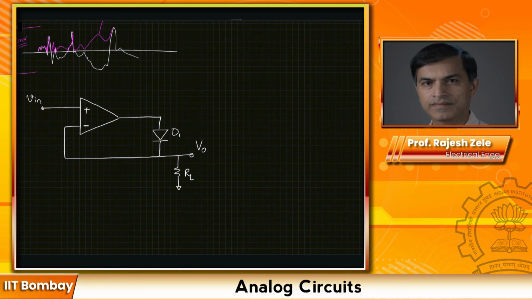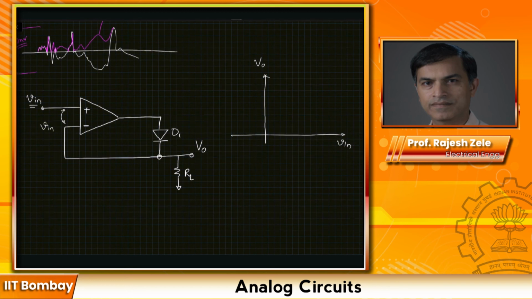Now let's analyze this particular circuit. What's the transfer characteristic going to look like? This is my Vin and this is Vout. So let's assume that diode D1 is on and the feedback is on. If the feedback is on, then voltage Vin should show up here because of the virtual short. This should also be Vin.